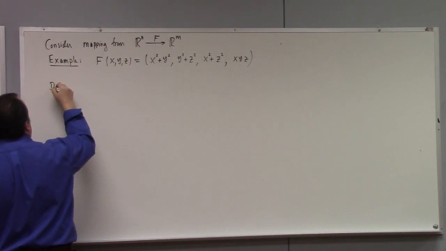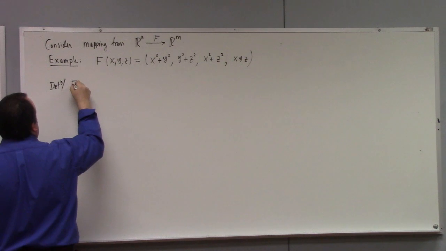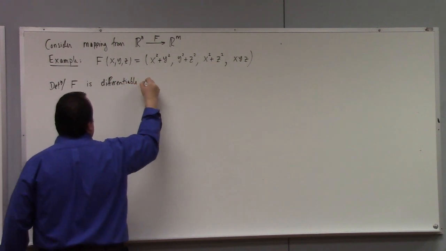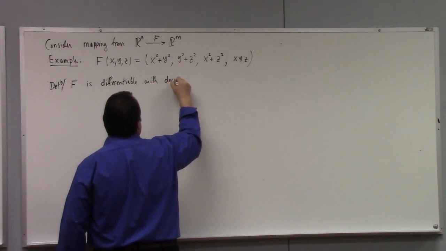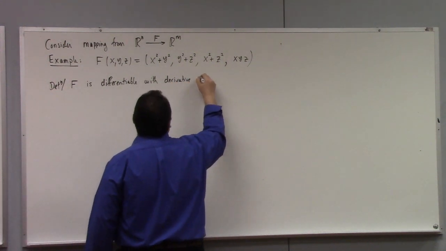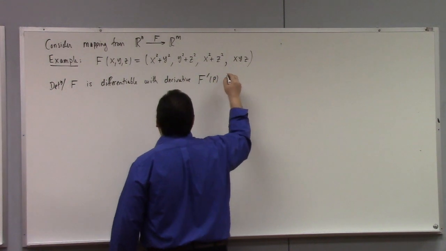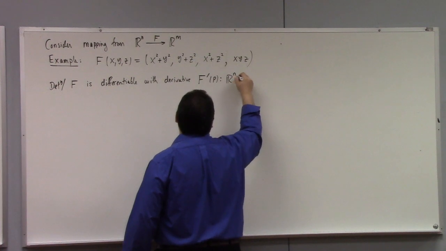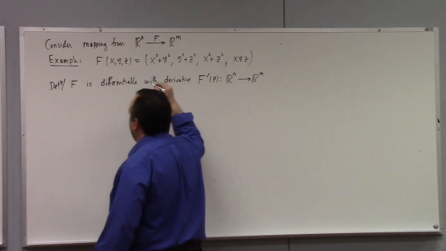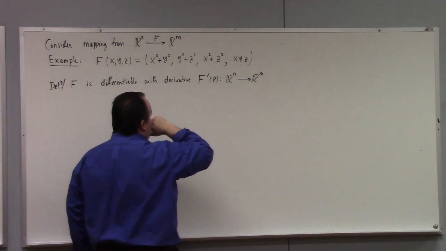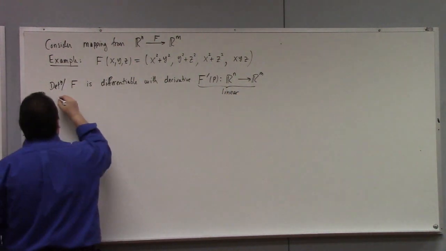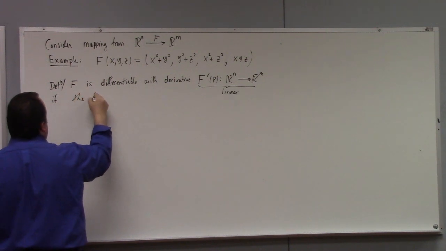Before I do that, though, I need to give you a definition. Definition: F is differentiable with derivative F prime of p, which is a mapping itself from R^n to R^m, and this is linear, if the following limit exists.